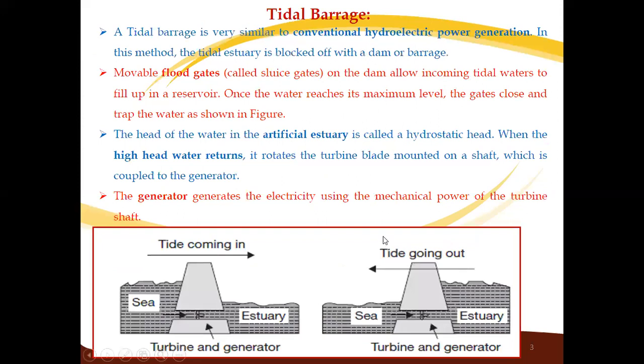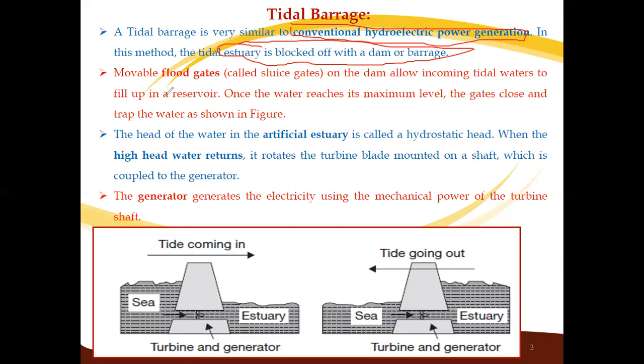First is the tidal barrage. A tidal barrage is very similar to our conventional hydroelectric power generation. In this method, a tidal estuary is blocked off with a dam or barrage, and from there we can flow the water through the turbine and convert tidal energy into electrical energy.